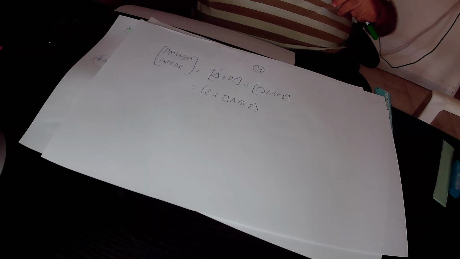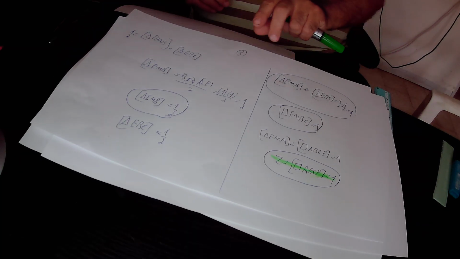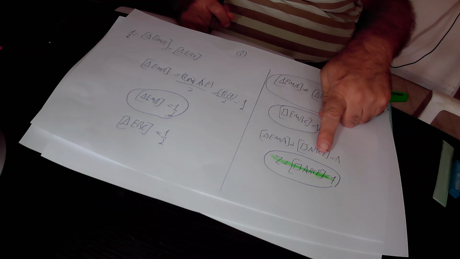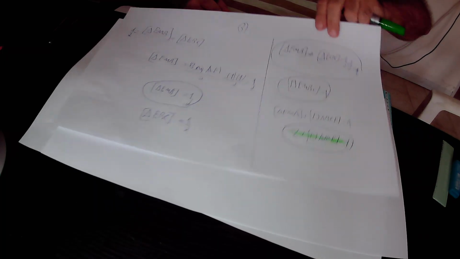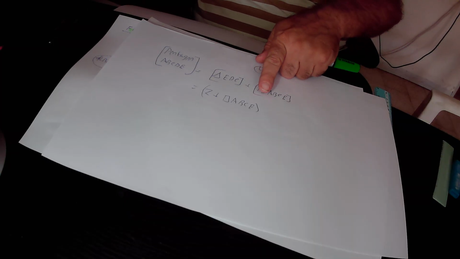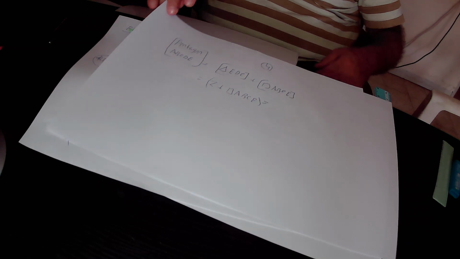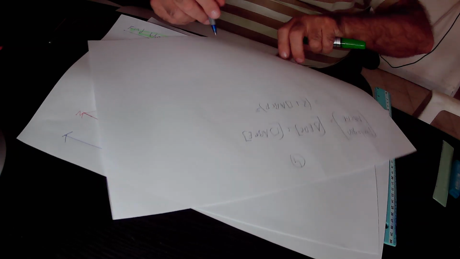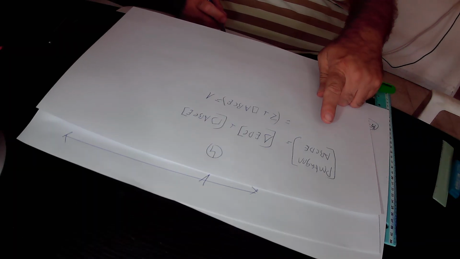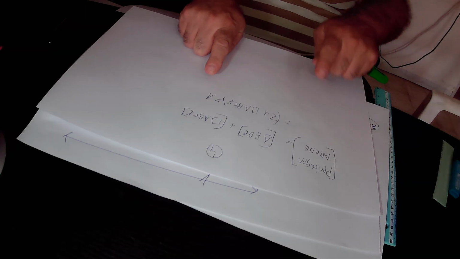But we already found out that Z plus the area of quadrilateral ABCE equals 1. And from this equation, we derive that the area of pentagon ABCDE equals 1.